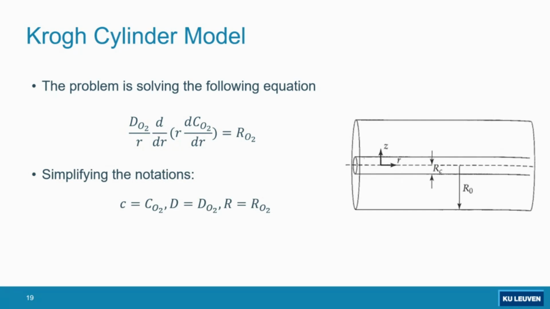I will simplify the notation to make it simpler to write down the equations. The equation we want to solve is this one. I also highly recommend you simplify notation, so you don't need to repeat all these things multiple times when you are writing it down on paper or in the exam.